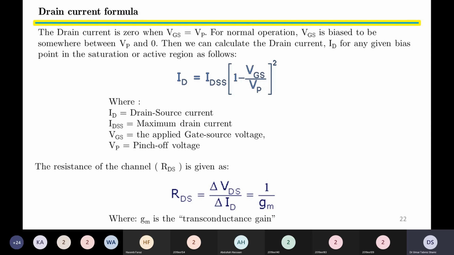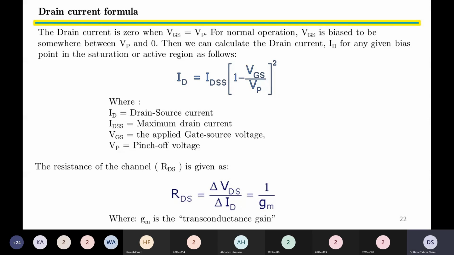IDSS is the maximum drain current that can pass through the terminals of the FET. VP is the pinch off voltage, and ID is the current that we want to determine, and VGS is our applied gate source voltage, and it will be varied. So as we change VGS, we can change ID.